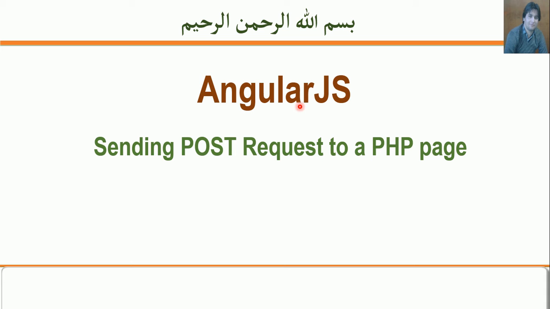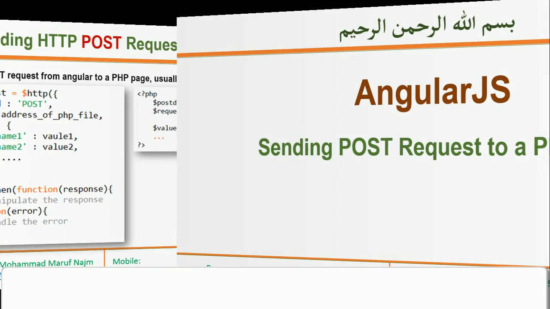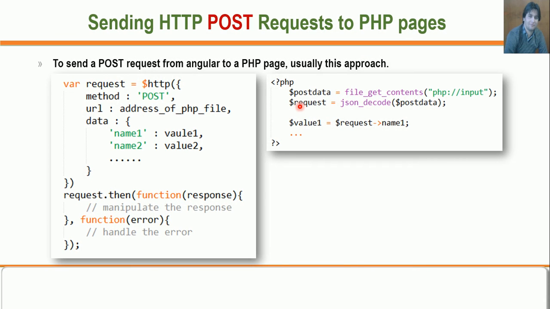In this lesson we're going to learn how to send HTTP post requests from AngularJS code to a PHP file or page. Whenever we want to send an HTTP post request from Angular code to a PHP file, we usually use this approach.